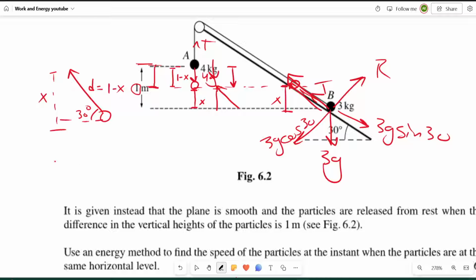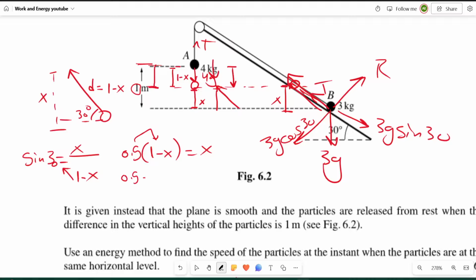So from here I can do some trigonometry. I can say sine 30 equals opposite, which is x, over hypotenuse, which is 1 minus x. Sine 30 is 0.5, and I'm going to multiply 1 minus x by that. So 0.5 times (1 minus x) equals x. Multiplying this inside, 0.5 minus 0.5x equals x.